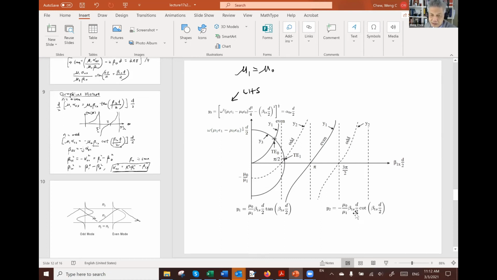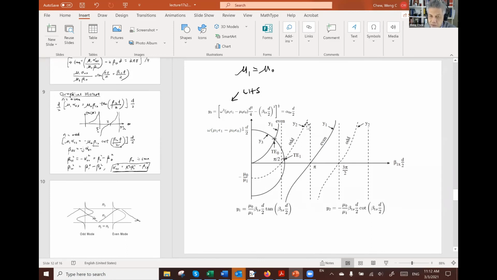And then when I plot y2, I get this expression over here, and these are the y2 plots. It has the interesting fact that when beta 1x d is equal to 0, this thing goes to infinity. But because it's multiplied by this factor over here, this thing tends to a finite value.